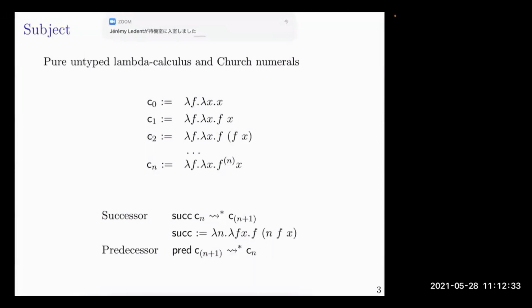So the successor is a term that, given a Church numeral, returns the next numeral. And here is one of the expressions for the successor. The predecessor does the reverse: given a numeral for n, for 1 and so on, it returns the previous numeral.